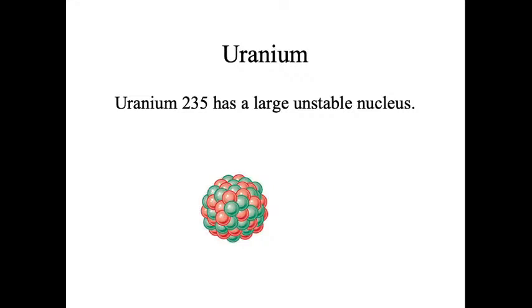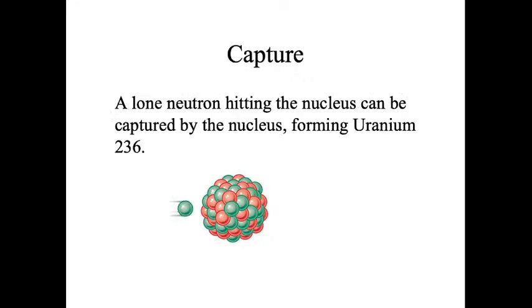So, uranium-235 has a large unstable nucleus. No, this isn't chemistry. This is still physics, and physics really is bigger than just equations. Chemistry is a branch of physics. A lone neutron is hitting the nucleus. It can be captured by the nucleus.